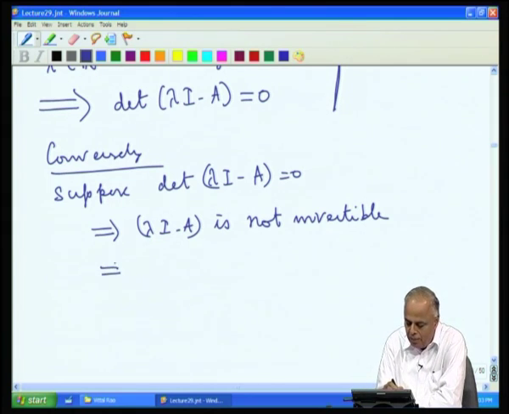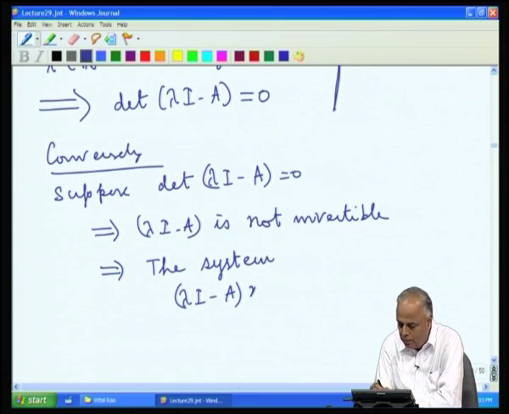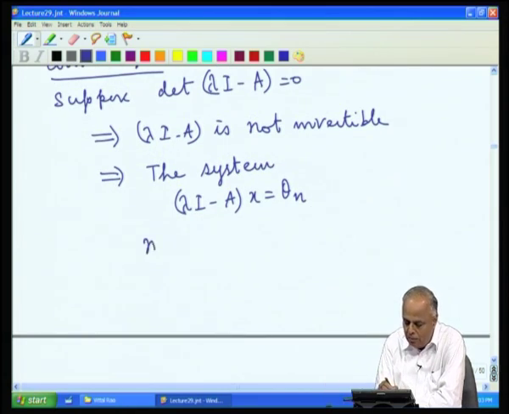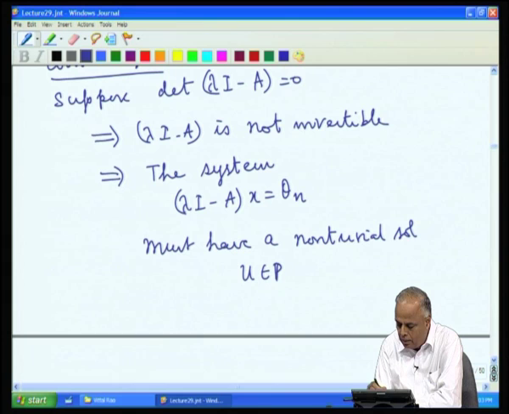If this is not invertible, that means the homogeneous system lambda I minus A x equal to theta n must have a non-trivial solution u belonging to R n.